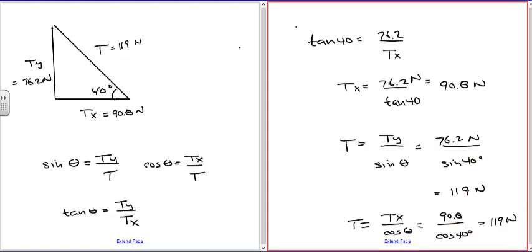So if you take statics, you'll deal with a lot of this stuff, and the only difference is that you just deal with vectors in more of what we call a unit vector notation scenario.